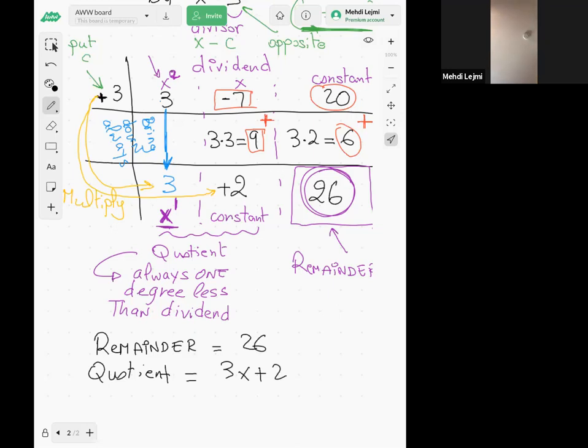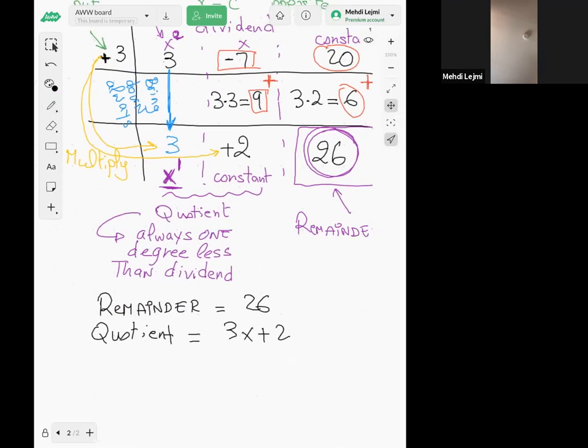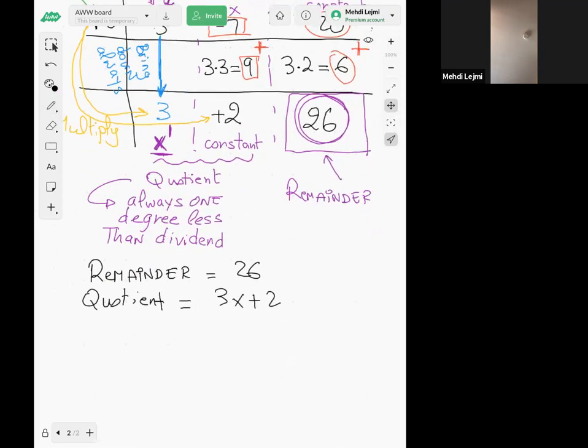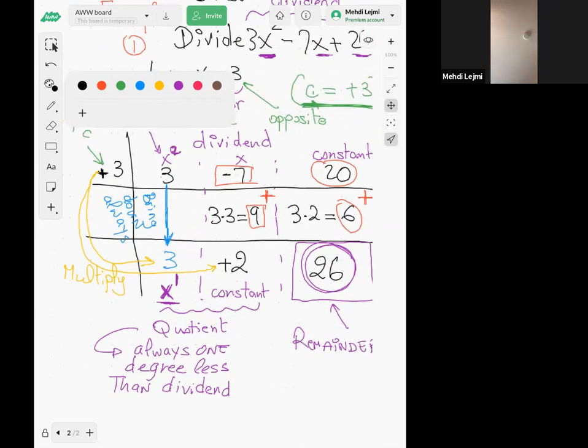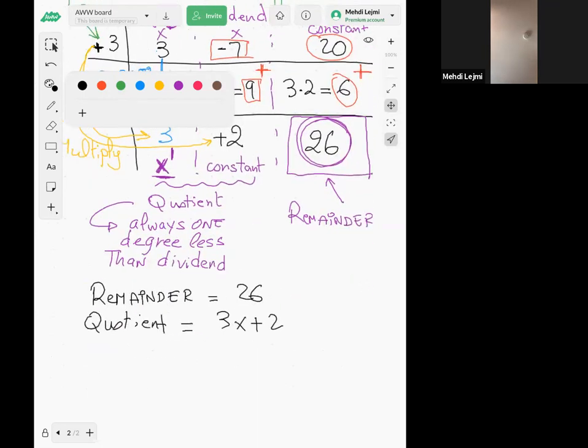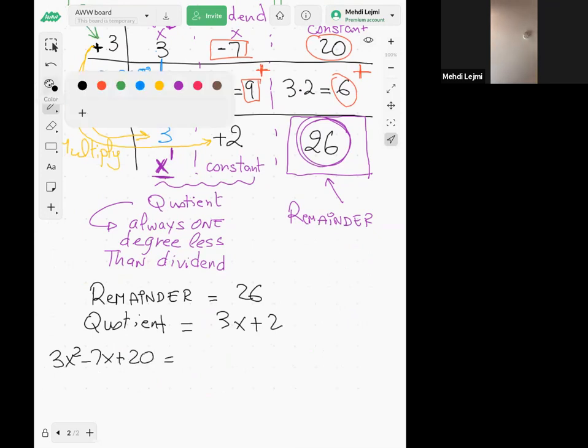Right? So remember, guys, in general, when you divide, we have the dividend. So the dividend, we said, is this 3x squared minus 7x plus 20. All right, so that's our dividend here.